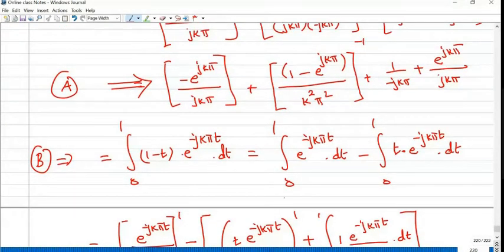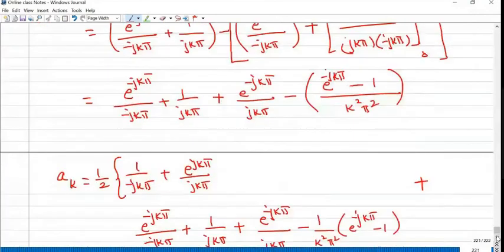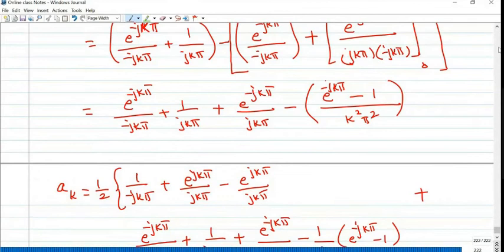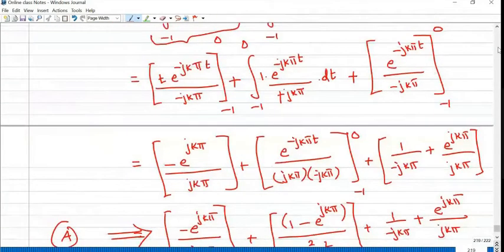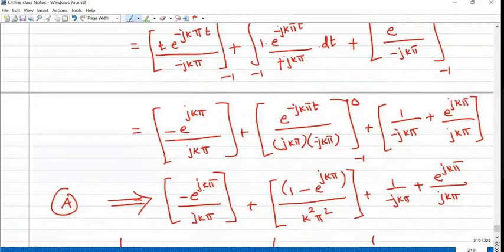Minus e power jk pi divided by jk pi. Is it minus? Okay. Minus e power jk pi.